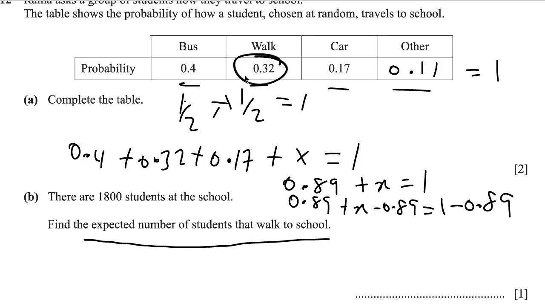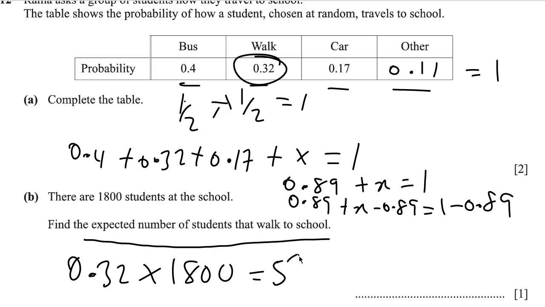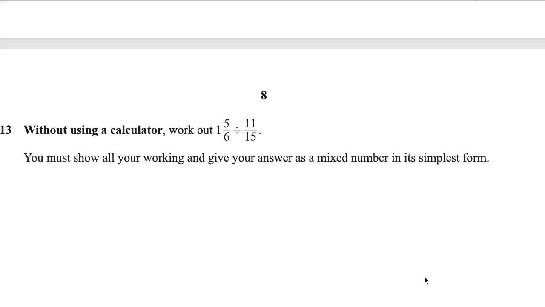That's 0.32, which is 32%. So 0.32 multiplied by the number of students in the school gives us the expected number of students. 0.32 multiplied by 1,800 is equal to 576. So 576 students are expected to walk to school.